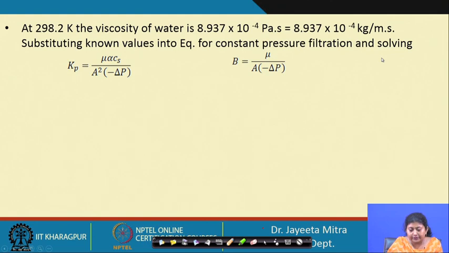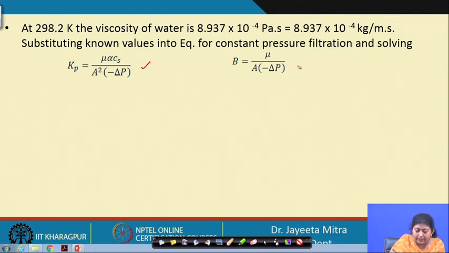We need to substitute this value of mu into these two equations. We know the expression of Kp and B: Kp is mu into alpha Cs by A square into delta P, where mu is the viscosity at the particular temperature at which the flow is occurring. So, that we can take from the chart.